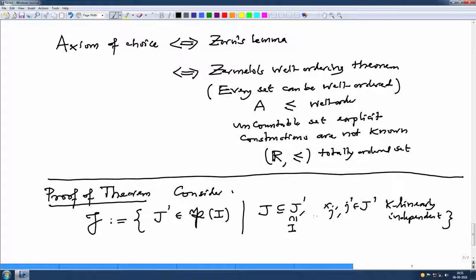And so by assumption, this set J belongs to script J, because we are given that the subfamily indexed by J is linearly independent.